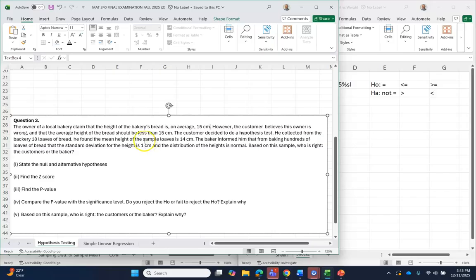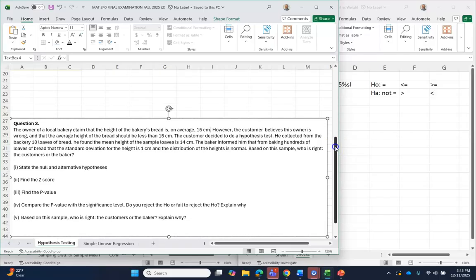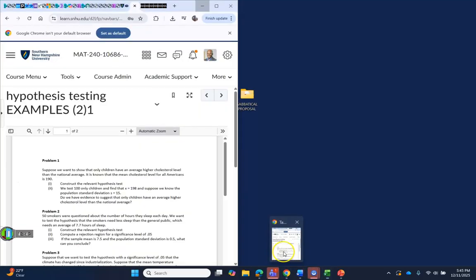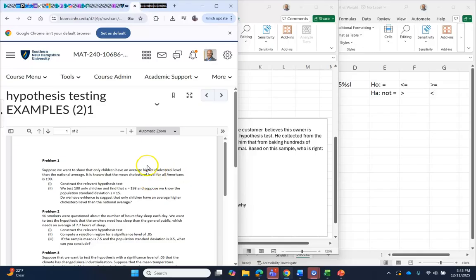So just as we did with the first and the second question, we need to develop the hypothesis. And I will bring back the question which we had in class.